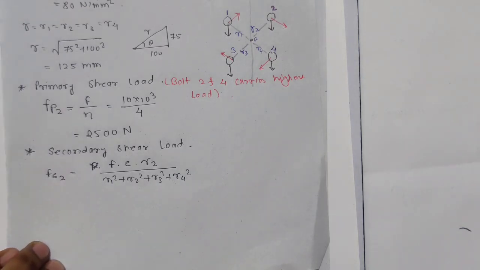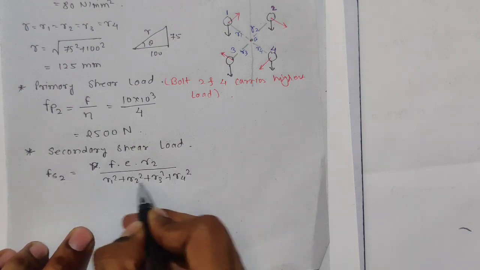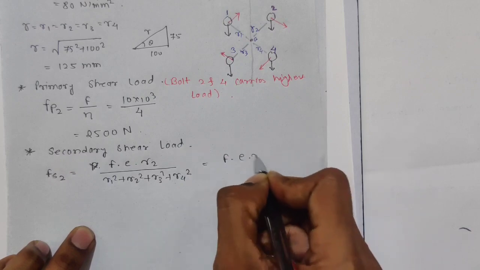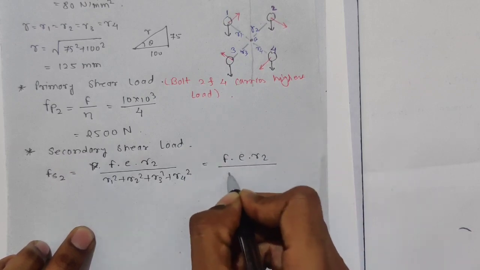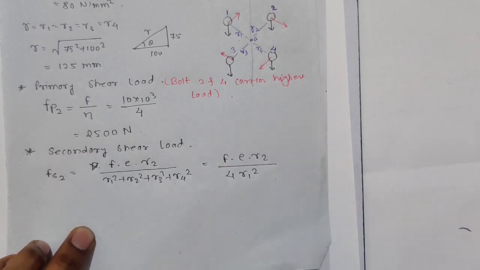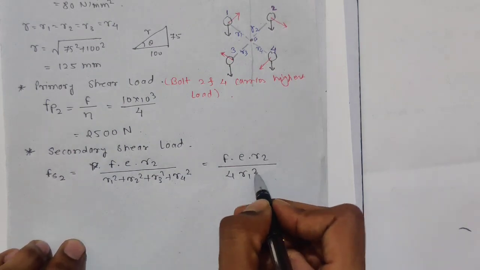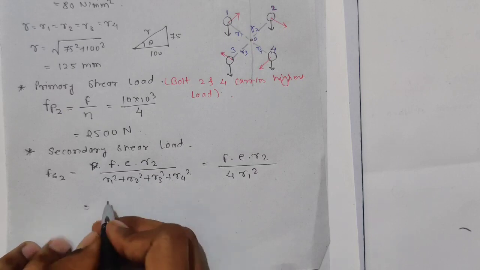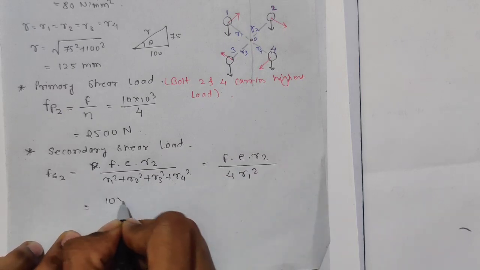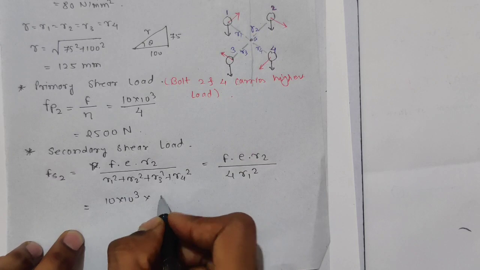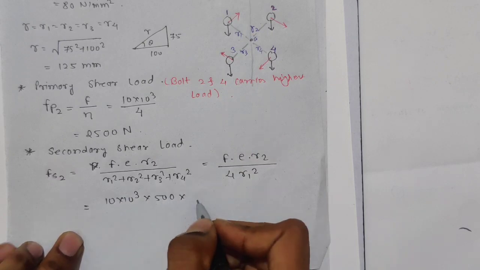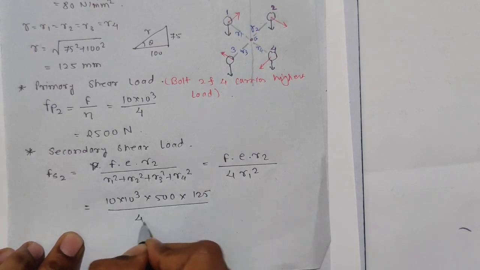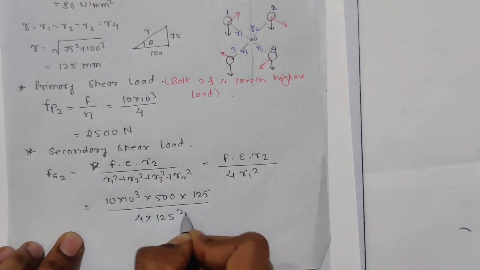So this R1, R2, R3, R4 are same. So I can write it is nothing but F E R2 upon 4 R1 square or 4 R square. Okay. So now the value will be F is 10 into 10 raised to 3, eccentricity 500 mm, R2 we found out 125, and 4 into 125 square.